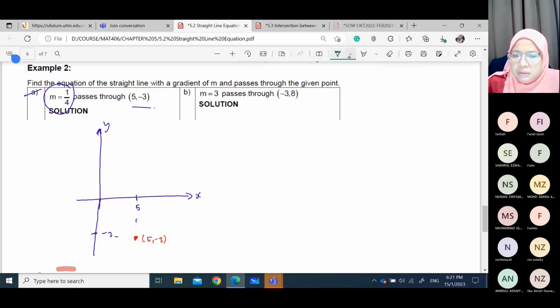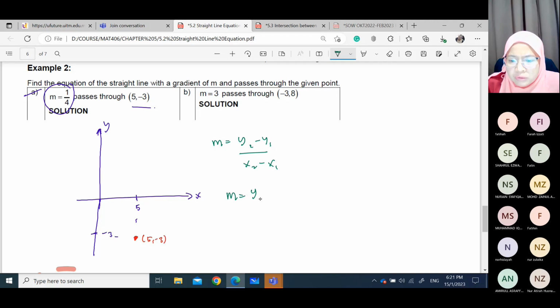Okay, so kita dah tahu formula for m is m equivalent with y2 minus y1 over x2 minus x1. Okay, so passes through this point means that one of the points here is 5, negative 3. Okay, so here we can say that m is equivalent with y2 minus y1. So let's say this one is our y1, minus negative 3 over x2 minus x1, which is 5.